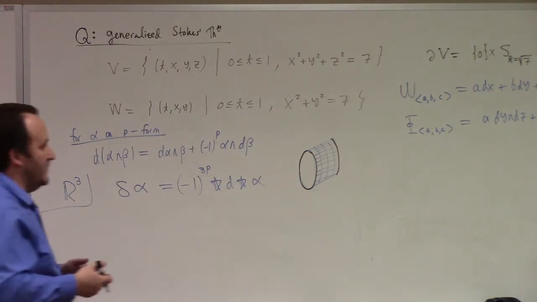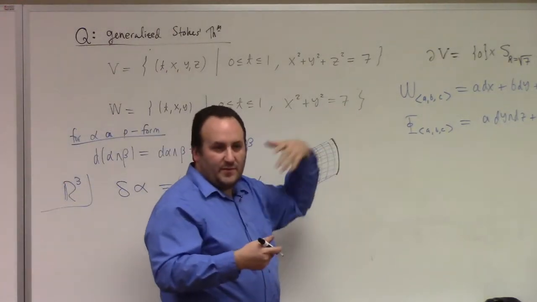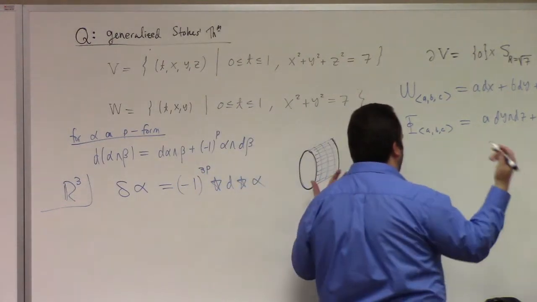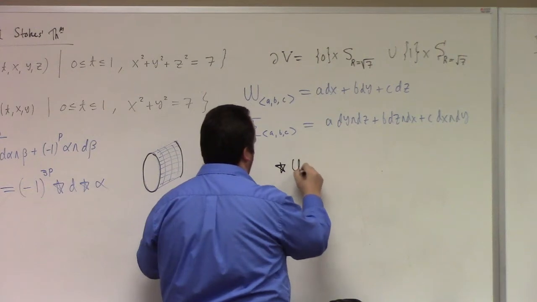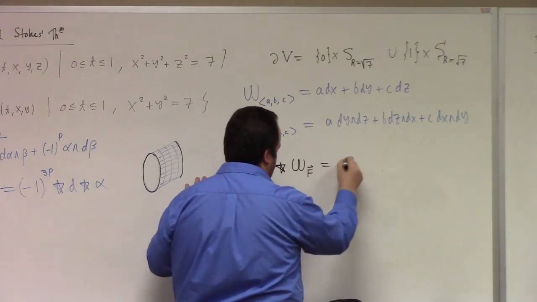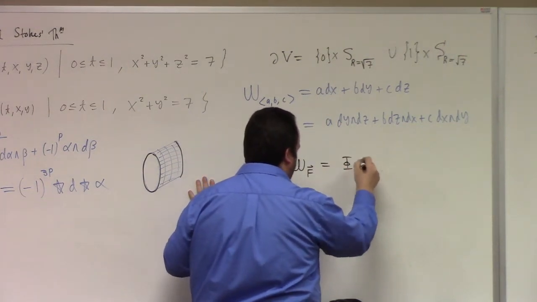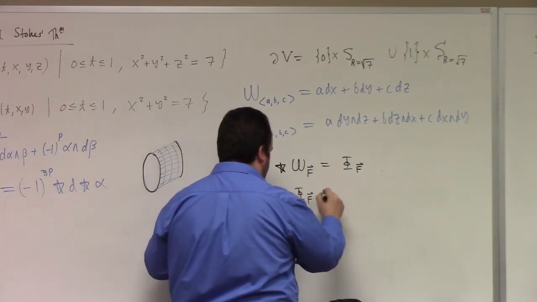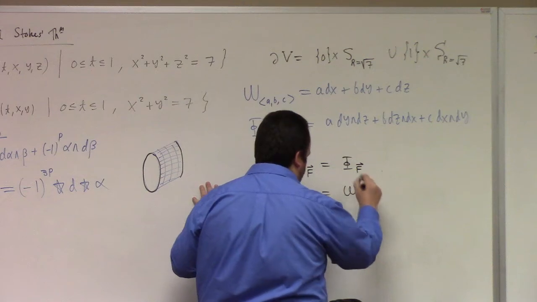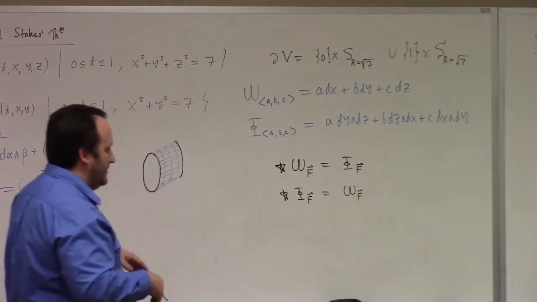Where was I? So this is the work form, that's the flux form, and the simple way to remember what Hodge duality says is that the Hodge dual of the work form of a vector field is the flux form of the vector field. The Hodge dual of the flux form of a vector field is the work form of that same vector field. That's Hodge duality in a nutshell.